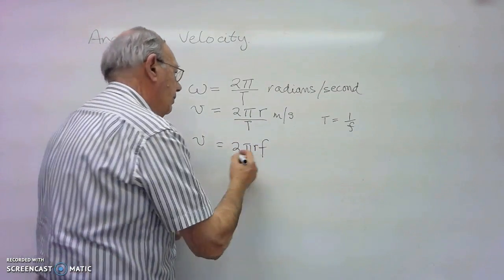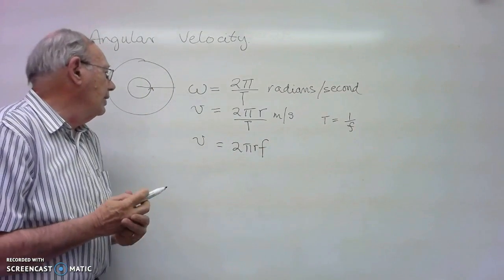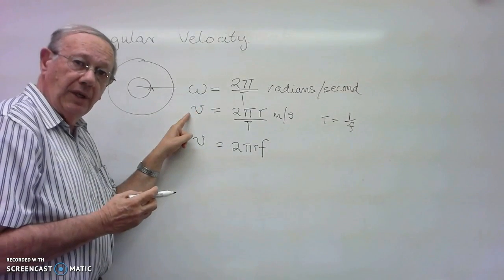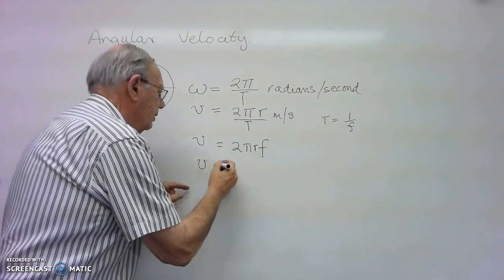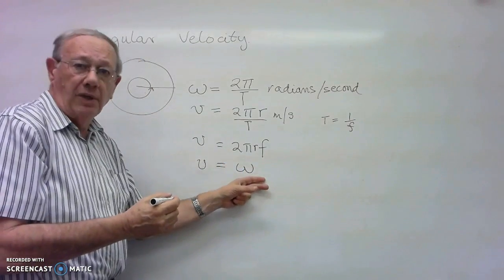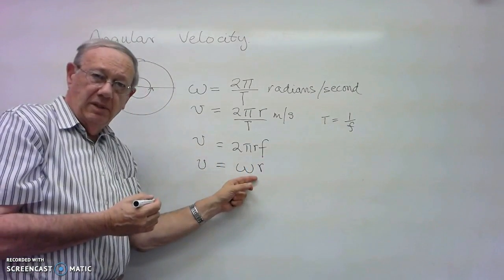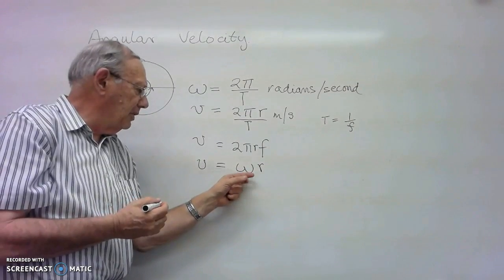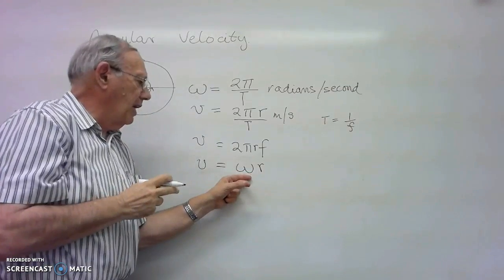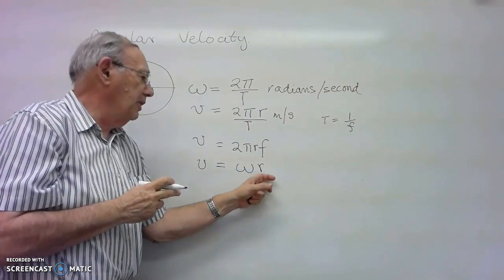So that's it. The other expression that we can keep in mind for the instantaneous velocity is this one: the angular velocity times the radius. Remember what this means? This means the number of radians per second, what we've got up here. So the number of radians per second times the radius is going to give us the speed in meters per second.